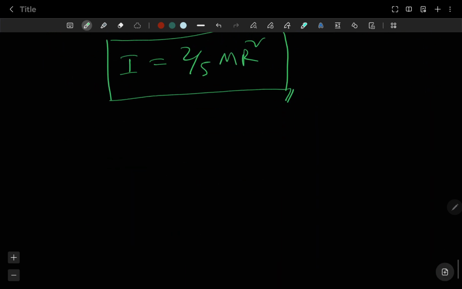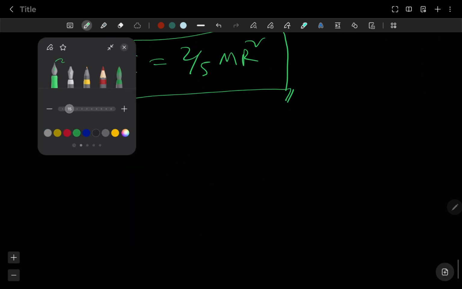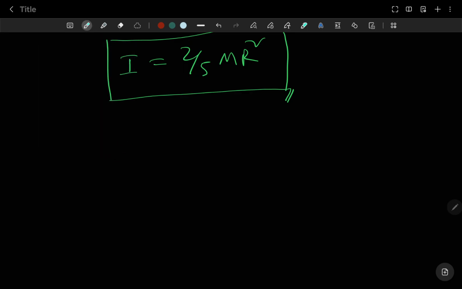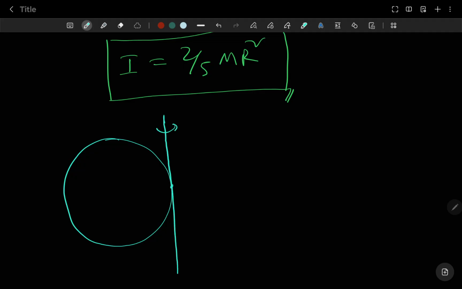Now if I take a tangential axis like this. About a diameter I have already found, and the diameter is passing through the center of mass, so that is ICM.